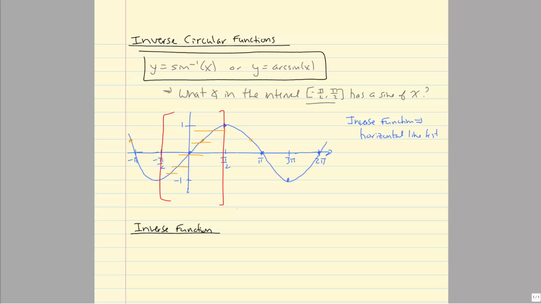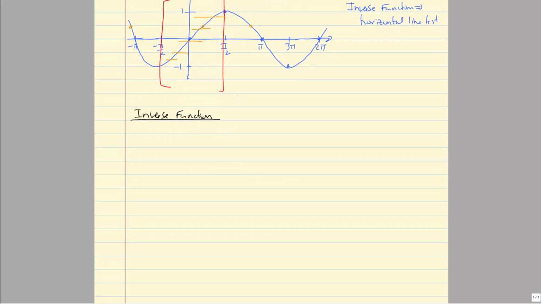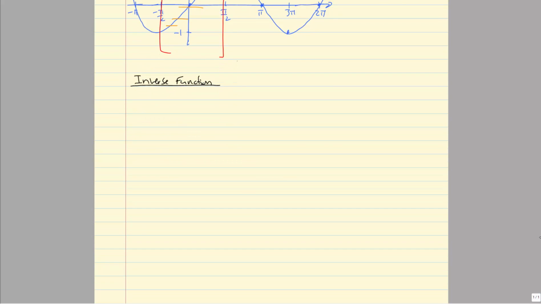These are interchangeable. You can use either one of these. However, please note, inverse sine of x does not equal 1 over sine of x. We're used to seeing an exponent with a negative 1, and we think to flip it, but that's not what this notation means. This is a trigonometric notation that starts to talk about an inverse circular function.